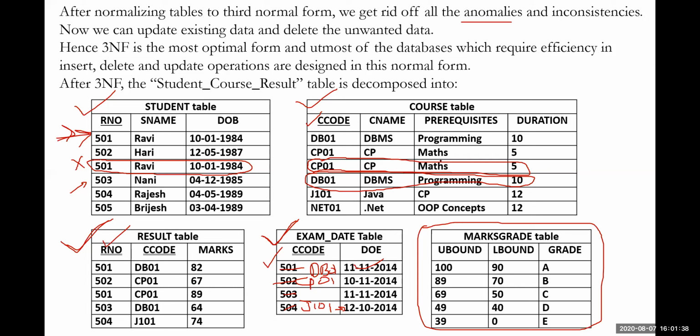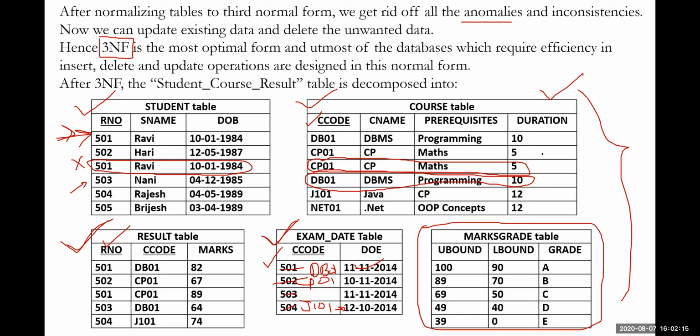So if you are supposed to apply third normal form on a particular schema, a particular big database, then after third normal form you get some decompositions and several pieces. All these pieces must satisfy the conditions so that anomalies get eliminated, inconsistency gets eliminated, and unaccessed data is also eliminated here.